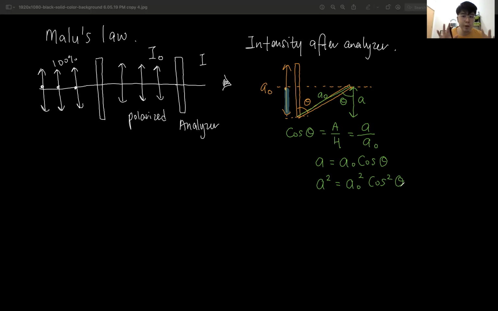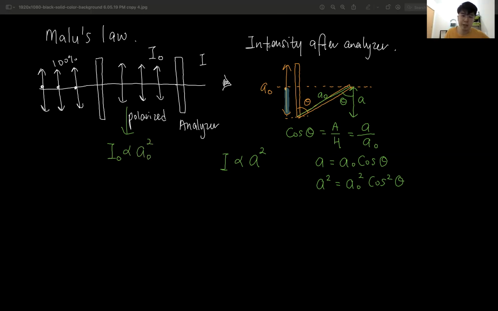We are deriving an equation to find the intensity. Now, we know that intensity is directly proportional to the amplitude square. So that means whatever is the intensity here, intensity I naught is proportional to the amplitude square.